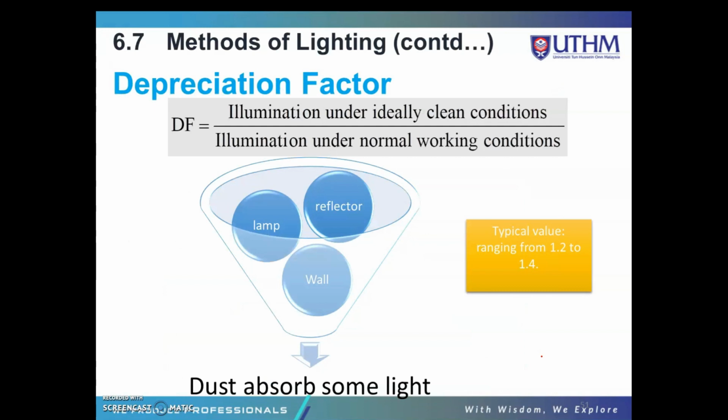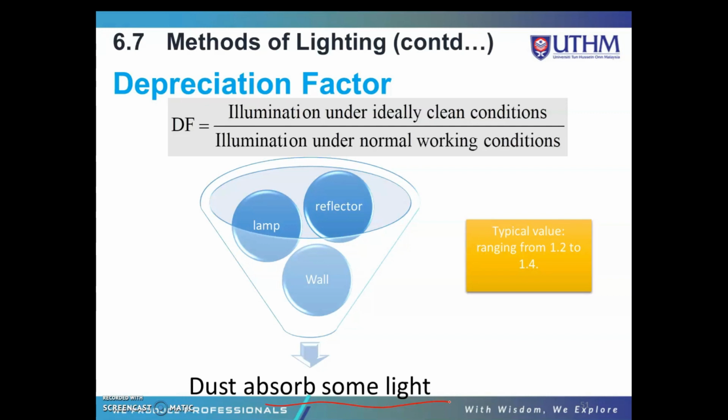Next is the depreciation factor. Depreciation factor, DF: light emitted by the source reduces due to dust or dust deposition on the light. Dust will absorb some light, and absolute cleanliness is not possible. Hence, we need to consider this depreciation factor.